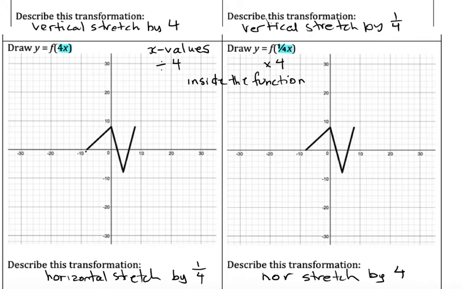Okay, so here, -8 is going to be -2, that's 0. This is 4, so that 4 is going to go to 1, and that 8 is going to go to 2. This is going to be a very squished function. That 0 is going to go to 0.